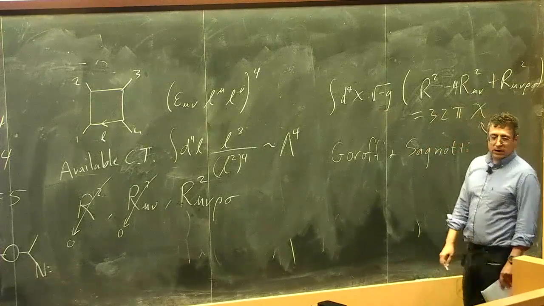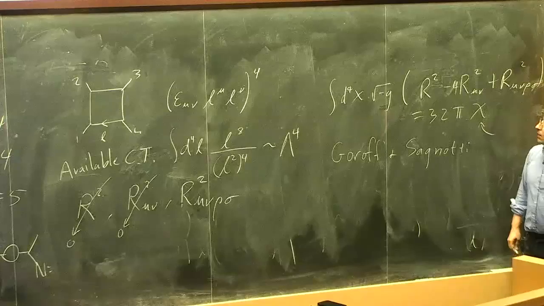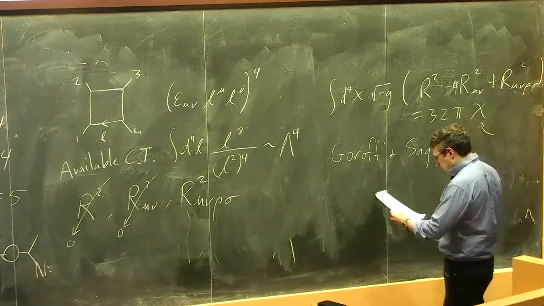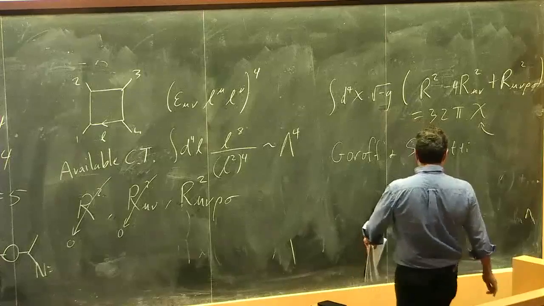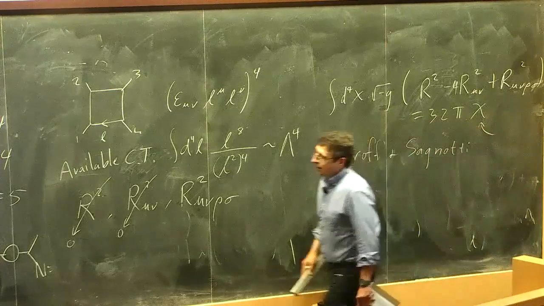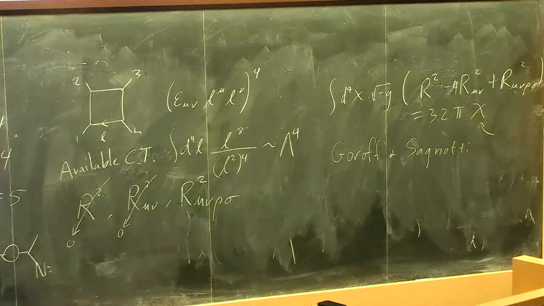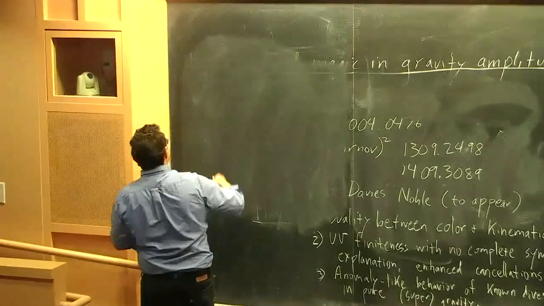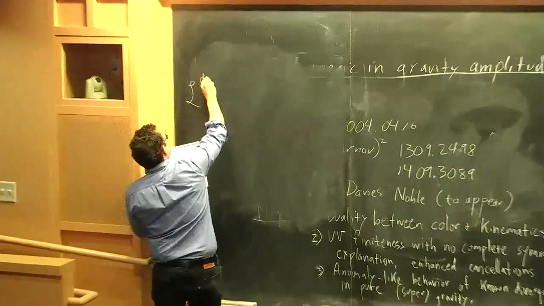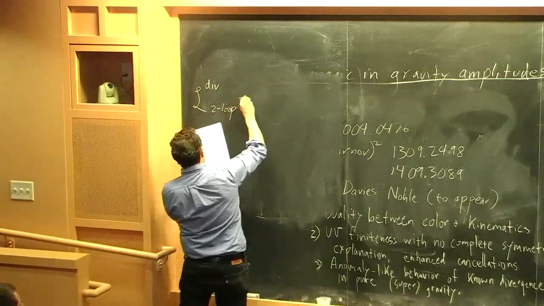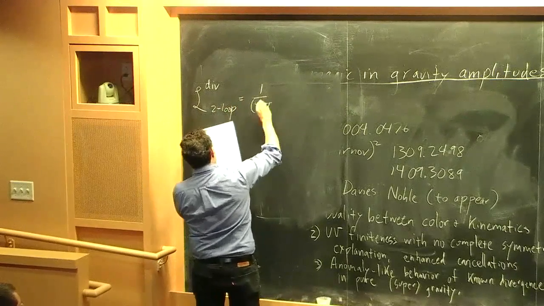where they went to look at 2 loops, and they discovered exactly what you might expect. They found that there's a 2-loop divergence, which, let me write it in some corner so I don't lose it. If I write it here, let me put it over here. So Goroff and Sagnotti found that the divergence at 2 loops is 1 over 4 pi squared.